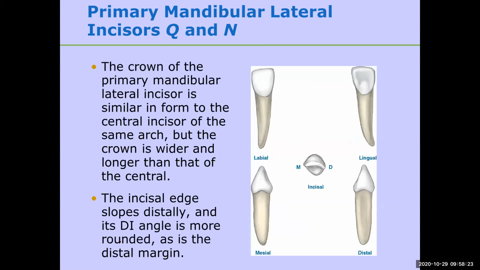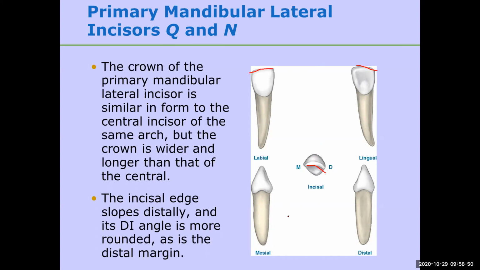The lateral incisors are a little bit similar to the permanent successor as well. Look at this slope, that distolingual twist. It's not completely symmetrical. It's got a little bit of an incisal slope.